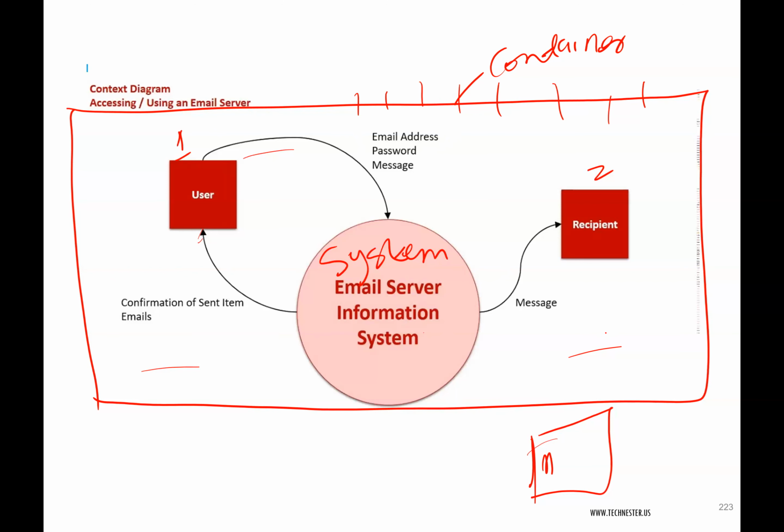Let's say marketing or advertisers. What you are saying is this system we are developing is an email server information system that will cater to users and recipients, but will have nothing to do with advertisers. So advertisers are outside our system.